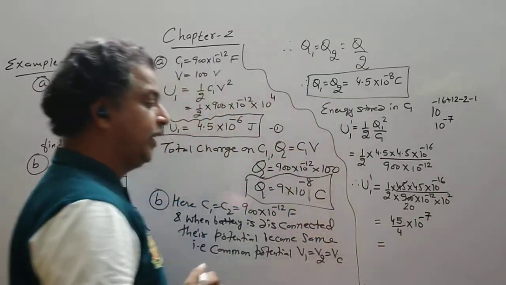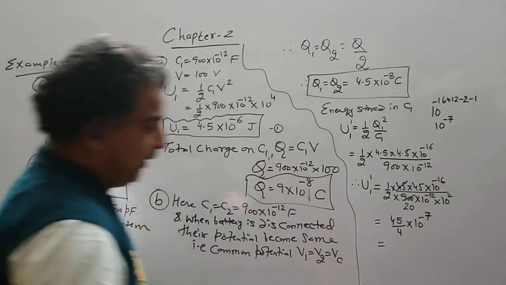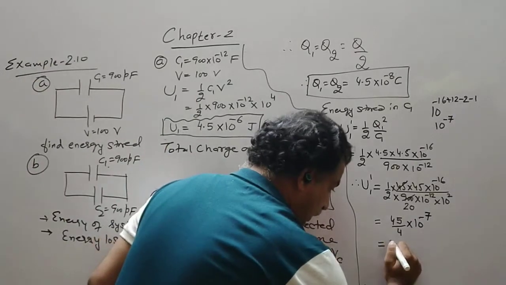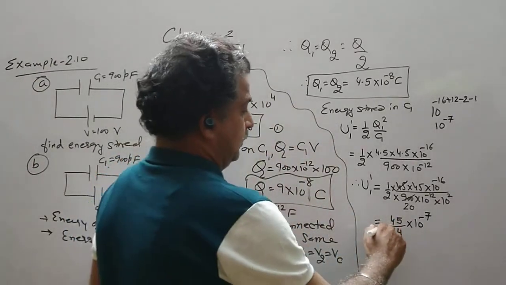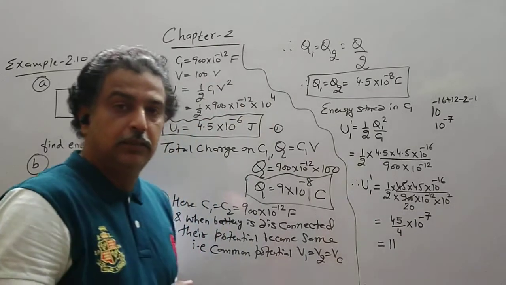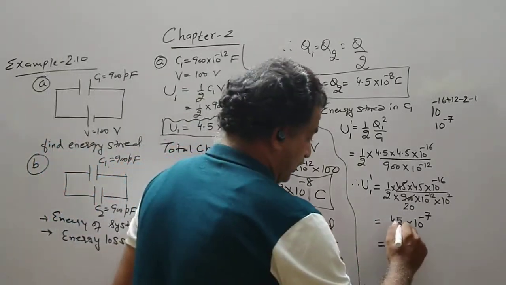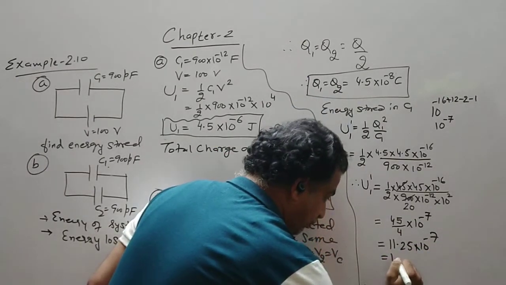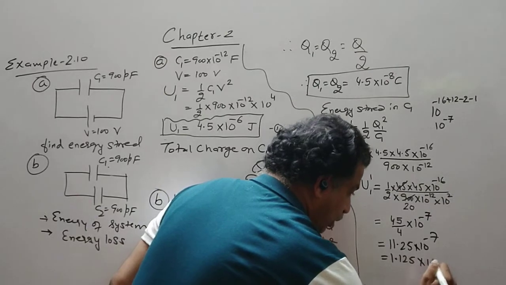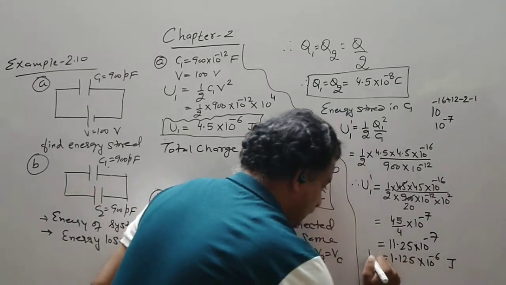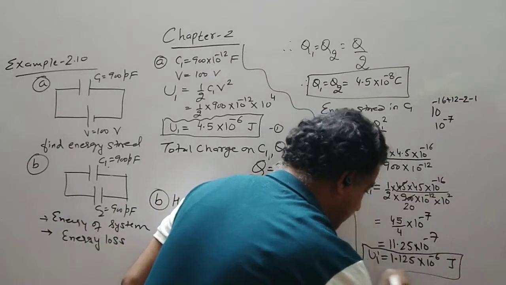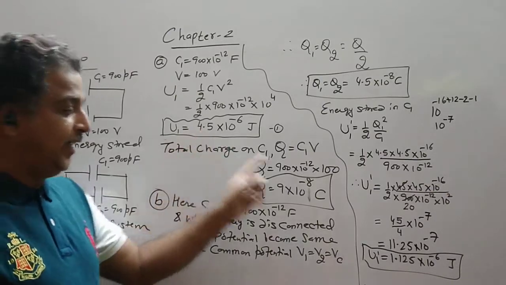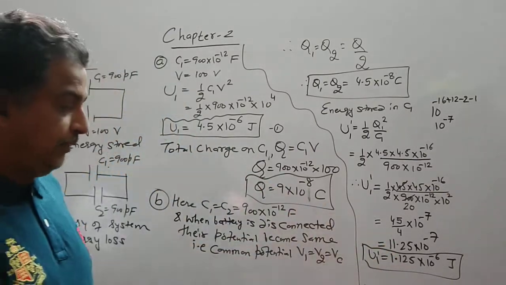So it comes out to be 11 point something. 45 divided by 4 is 11.25 into 10 raised to minus 7. So it comes out to be 1.125 into 10 raised to minus 6 joule. So this much energy is stored. So clearly from 4.5 it decreased to 1.125.